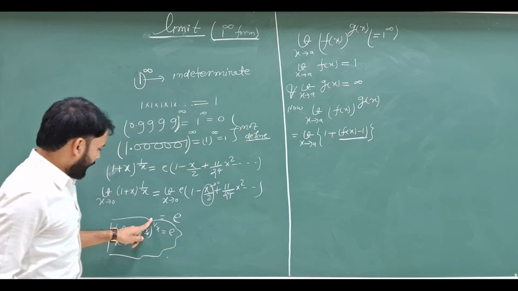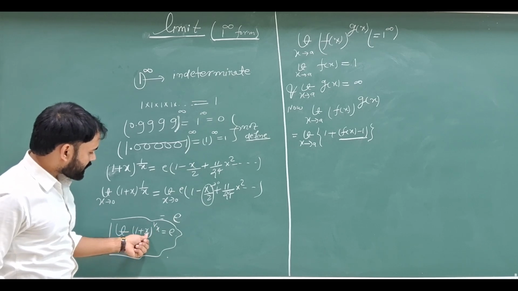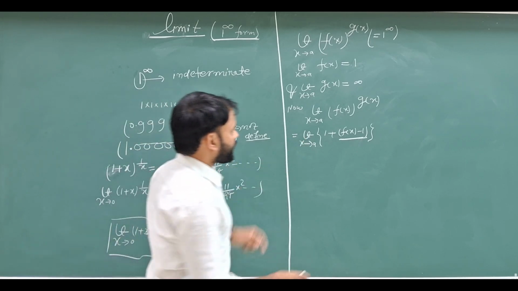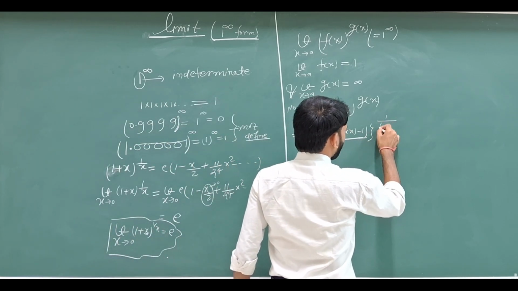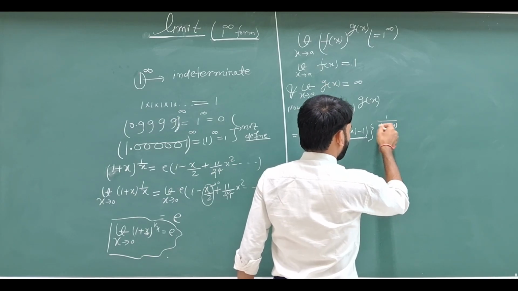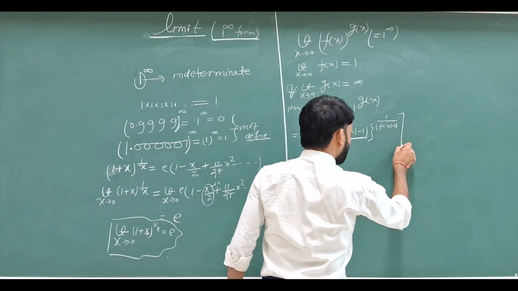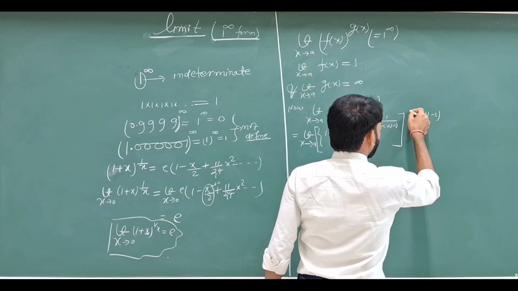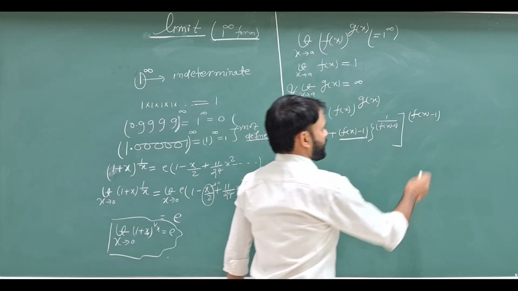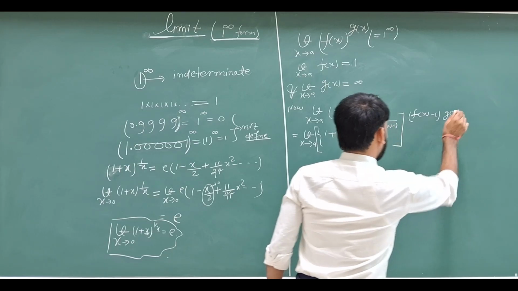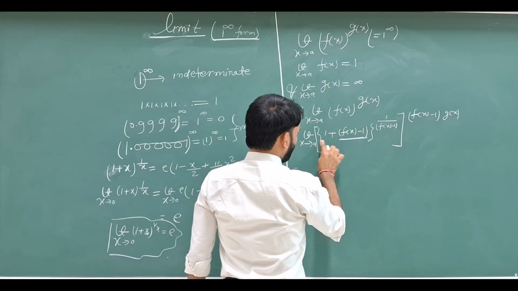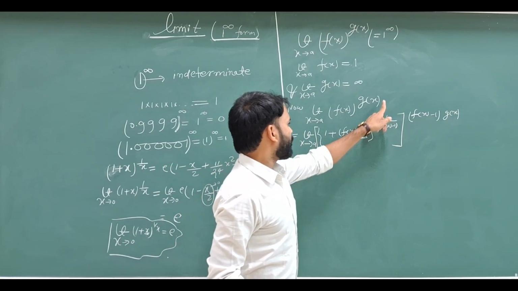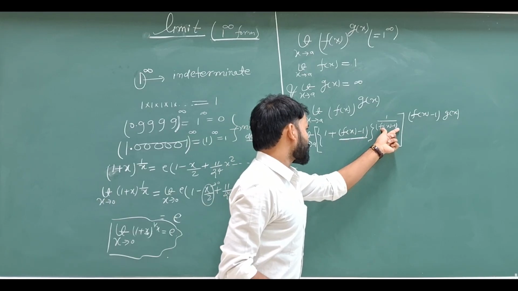Okay, this is fine, and we take power 1 just reciprocal of this term. So we take reciprocal of this term, we can take 1 upon f(x) minus 1. Okay, and we multiply f(x) minus 1, and here rest is g of x multiplied by g of x. So you can see 1 plus x whole to the power 1 by x, and this quantity goes to 0.